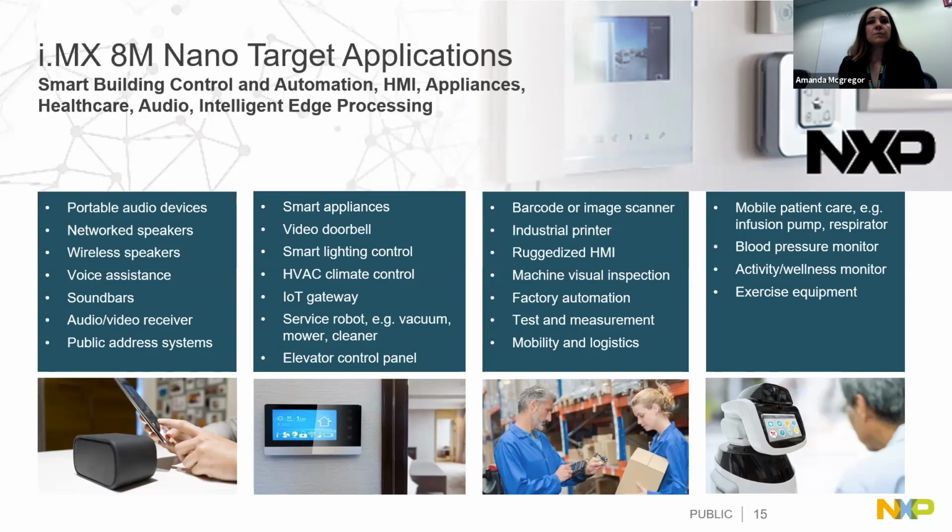If you're taking this to more of a commercial building, elevator control panels, building room management, again, thermostats and access control, a lot of those same smart home applications also extend into smart building as well. Industrial, so inventory management, barcode scanning, whether it's mobile or fixed, the power consumption that we have with the Nano can make it attractive for mobile applications as well, such as mobile scanners, factory automation and test equipment, even heavily ruggedized requirements, because we do offer the industrial temperature and operating lifetime.